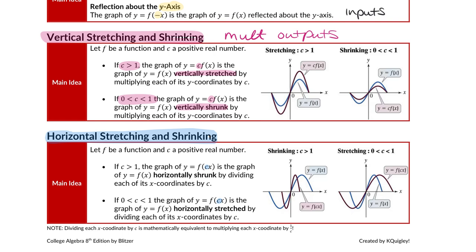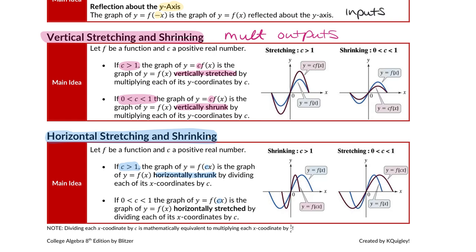This is the one that I always have to slow down on because I always, as a student, messed up what was actually happening here. If your number is a large number, aka bigger than 1, you are not stretching the graph horizontally. You are actually shrinking the graph horizontally because you are dividing the number by C. So you are multiplying by its reciprocal, dividing by C.